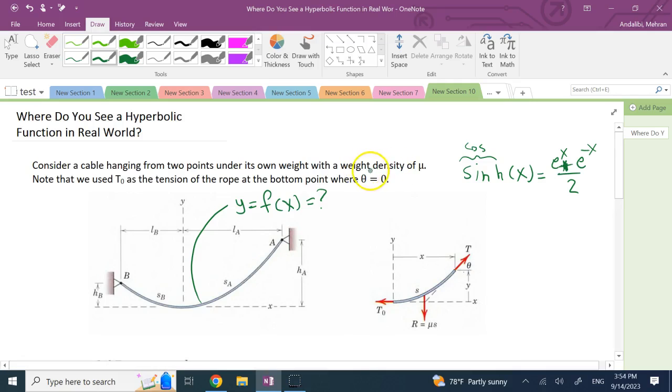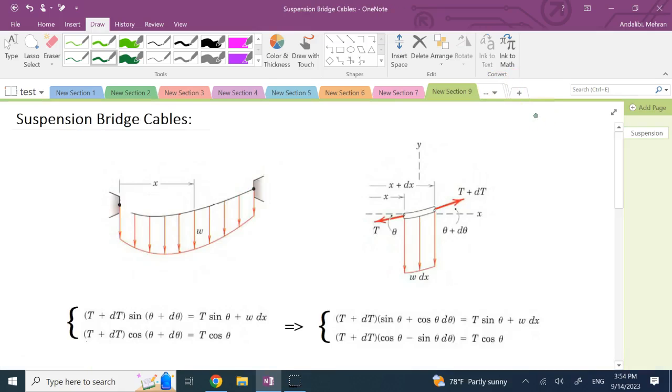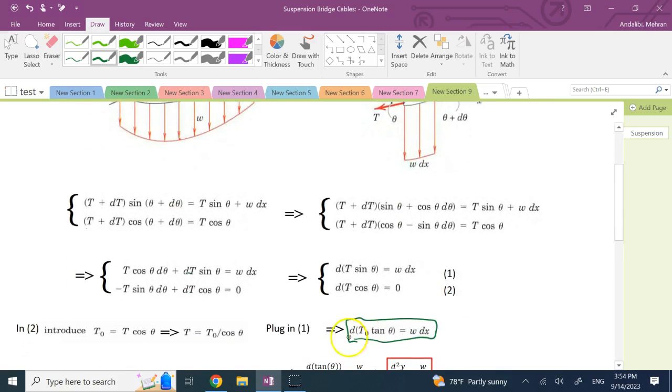So here we consider the weight density of the cable to be mu. So mu is weight over length. And if you look at the previous video I had on suspension bridges, the governing equation that we derived for a small element like this was basically this guy. D of t naught tangent theta was w dx, where w dx was the vertical force.